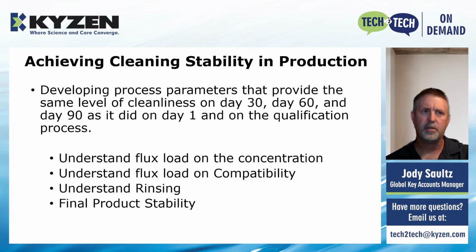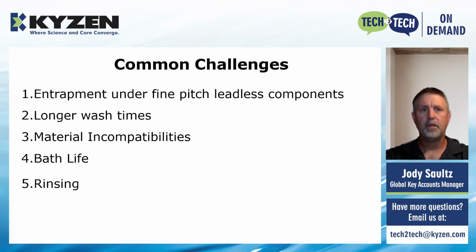The test coupons should represent a range of what you're going to clean today, as well as what you expect you might clean down the road. So make sure that when you're doing this testing, you look out there and try to figure out the parameters that you need to set or design for validation for today and maybe even 6 months or a year down the road.